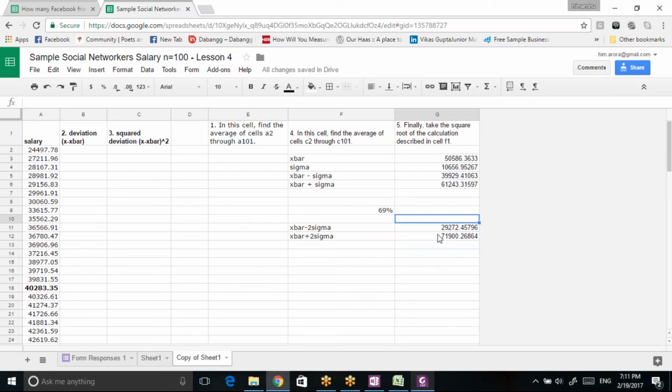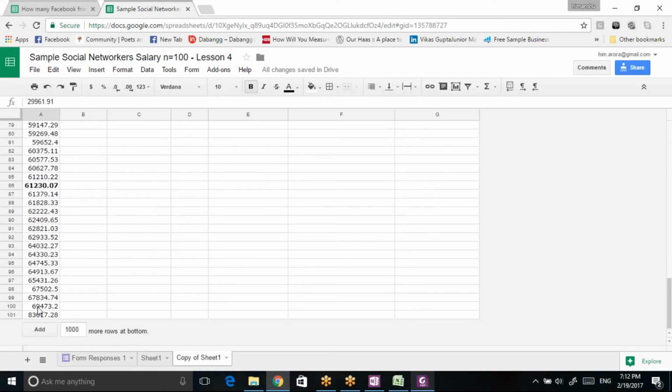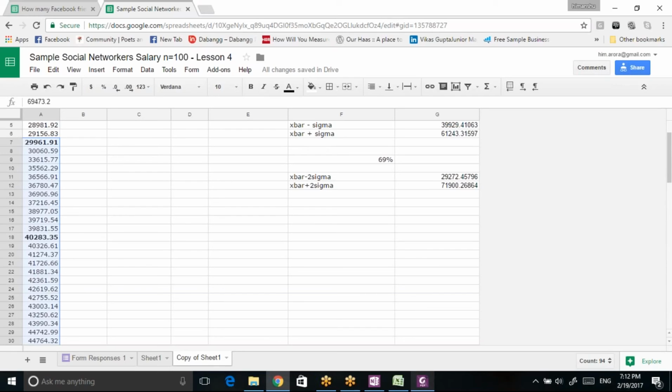Now let's count the values in between. I have to start from 29272 till 71900. Where is 29272? This is smaller, from here, 7th row. And then I have to go till 71900, which is up to here, 100. Now if I start counting, it is 94 values. And the theoretical says it should be close to 95.